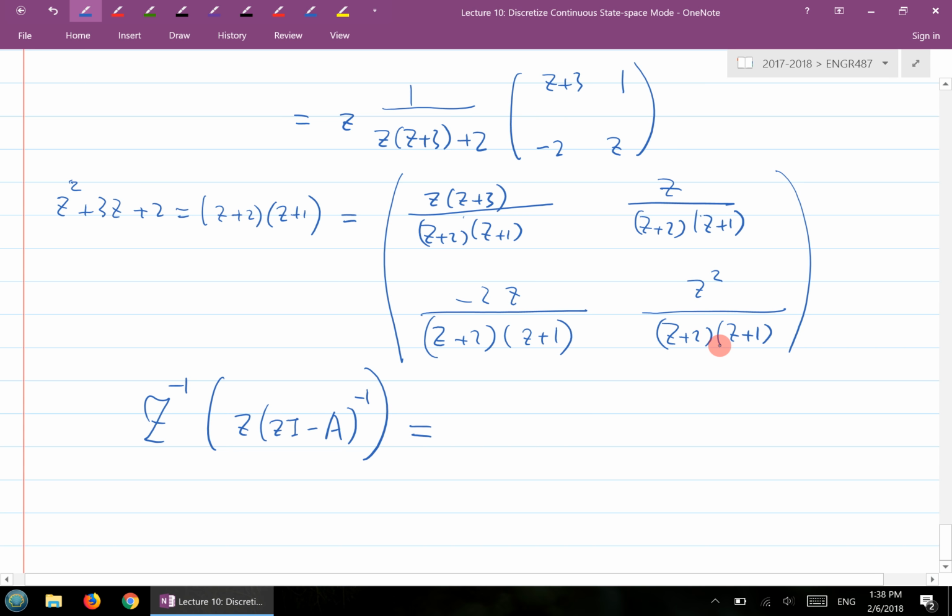Unfortunately, none of them are the same, so you're going to end up with four completely different partial fraction expansions.